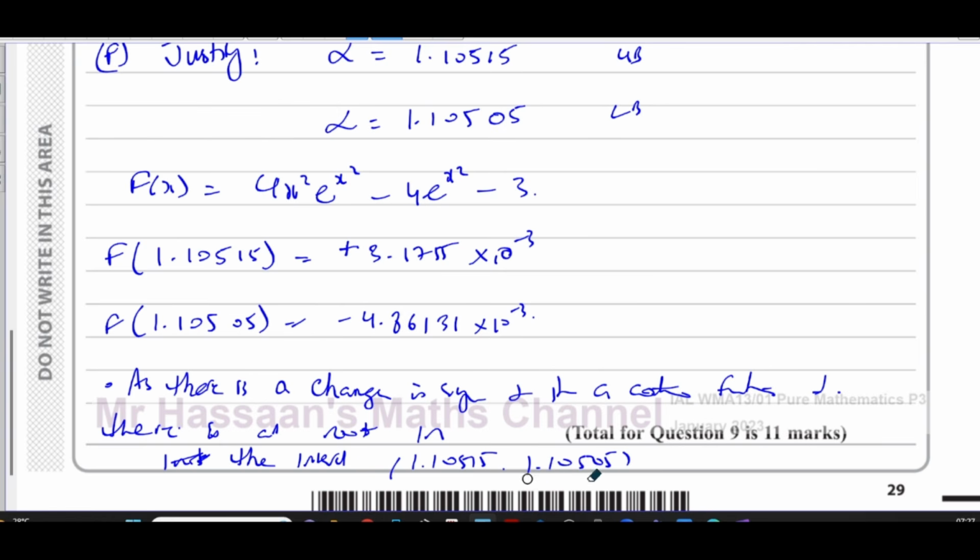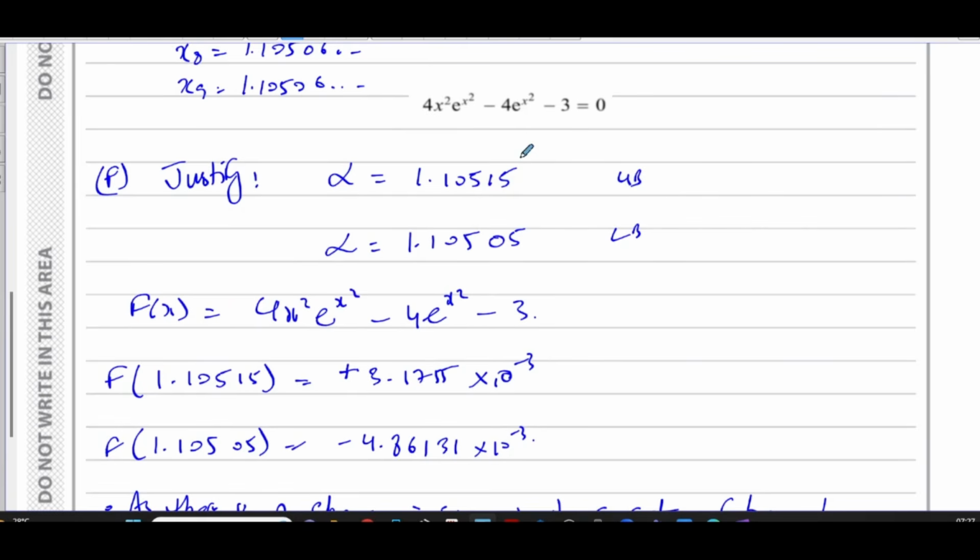Okay, it's best to write the other way around. Low one first. 1.10505 and 1.10515. Okay, now, again, this is a part that I've made up. This is not part of the question, just in case you get a question similar.